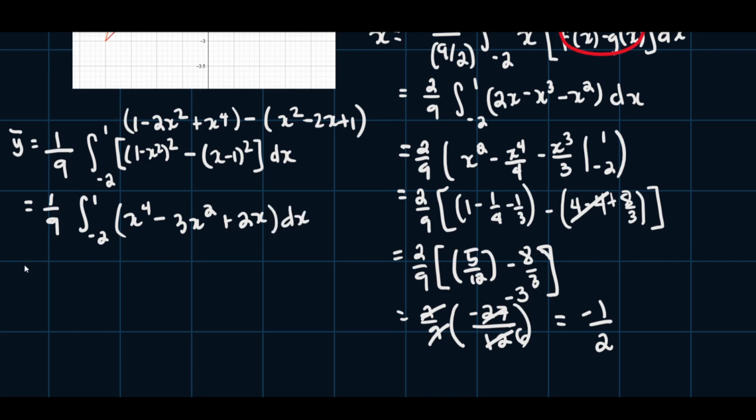Okay, continuing the process. So, 1 over 9 x to the 5th over 5 minus x cubed plus x squared. Again, evaluated from -2 to 1.